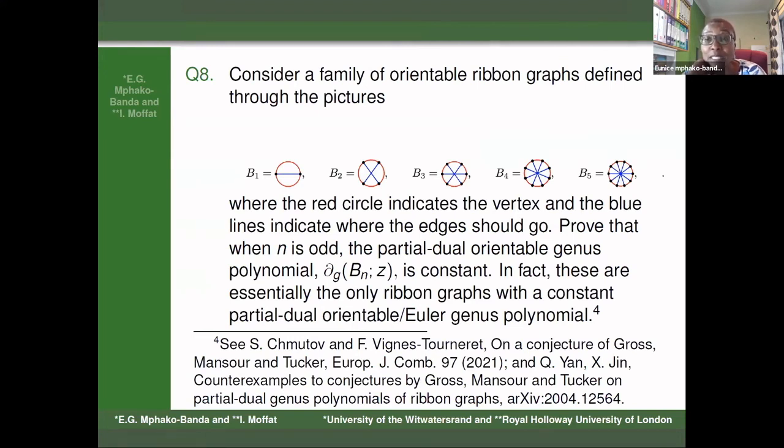In fact, these are essentially the only ribbon graphs with a constant partial dual orientable or Euler genus polynomial. These ones, the B_n and their variants, are the only graphs which have polynomials that are just a constant.